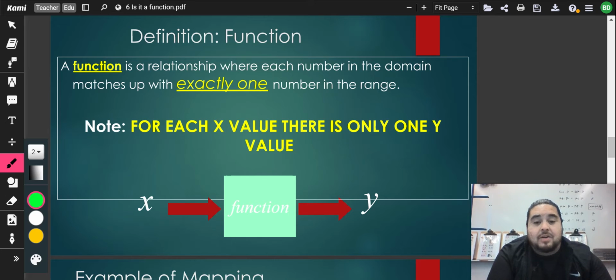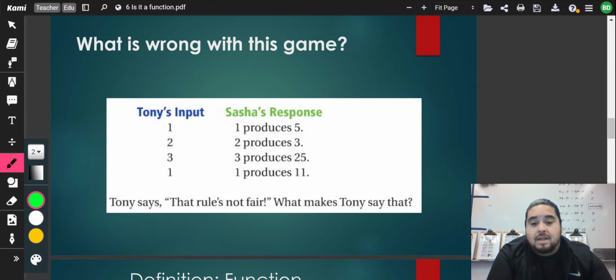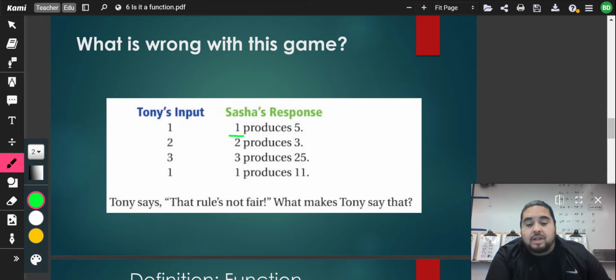So if you consider this situation, here is a situation where Tony and Sasha are plugging in different numbers into a function. 1 produces 5, 2 produces 3, 3 produces 25, and then 1 produces 11. We have this weird situation where 1 can result in 5, or 1 can result in 11.